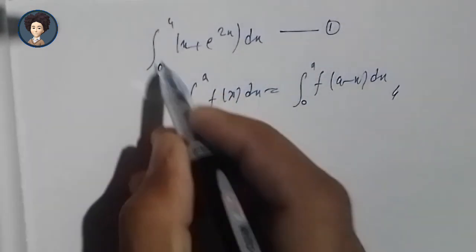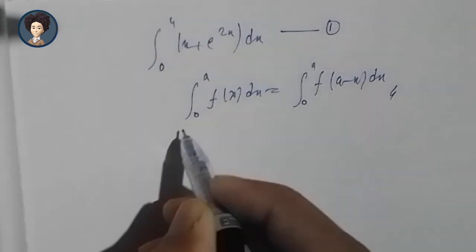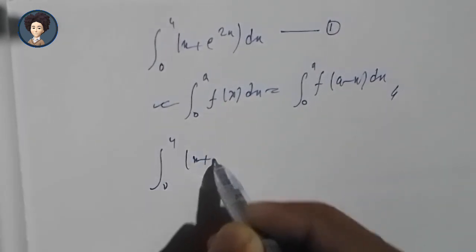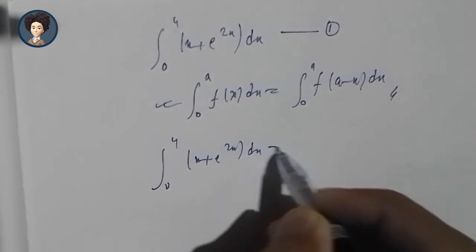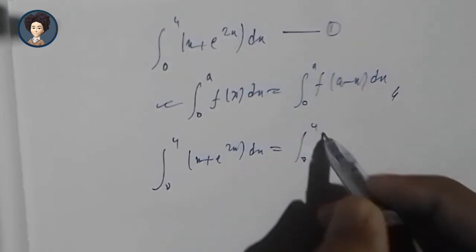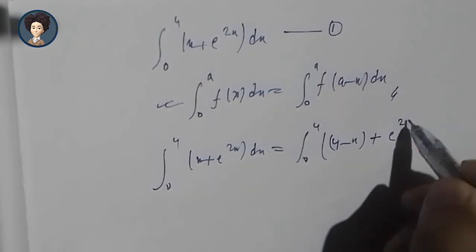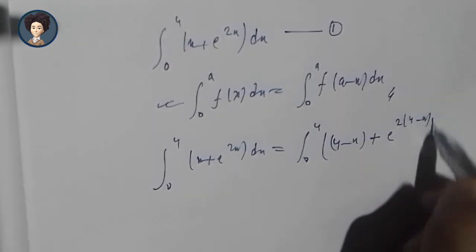And so using this property, we could write the integral from 0 to 4 of x plus e to the power 2x dx as the integral from 0 to 4 of 4 minus x plus e to the power 2 into 4 minus x dx.